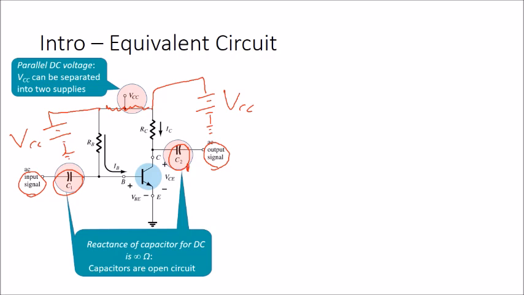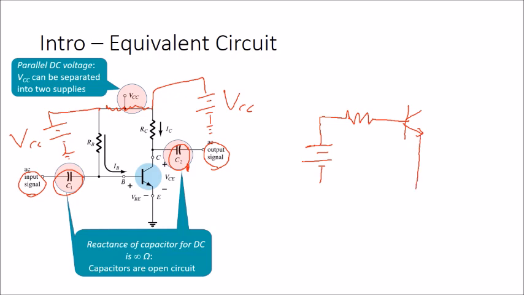So let me draw the equivalent circuit. From the left, we have the VCC. From the positive terminal, it connects to the RB, and from the RB it connects to the base terminal of the transistor. From the E terminal, it connects to the ground.